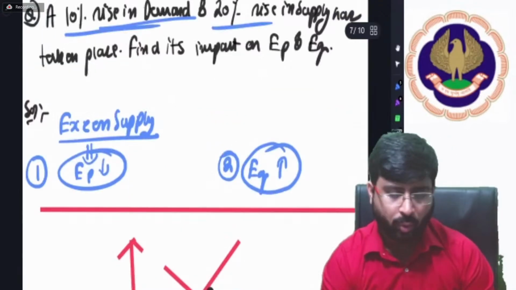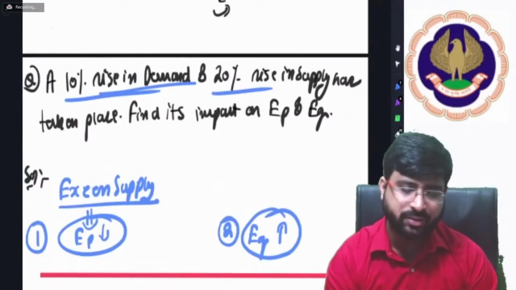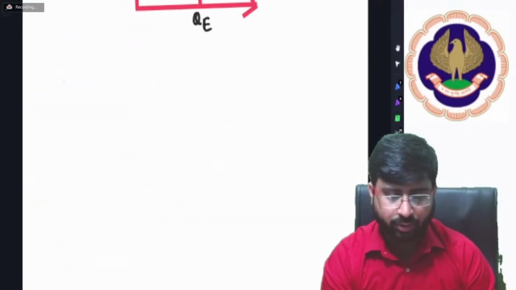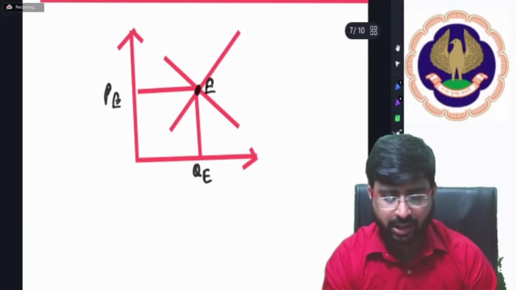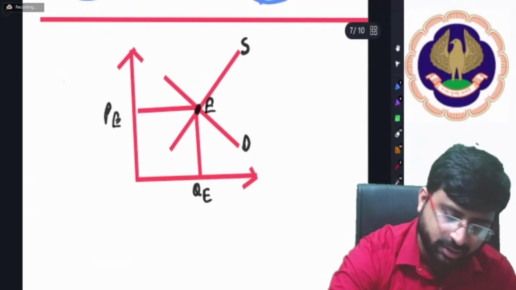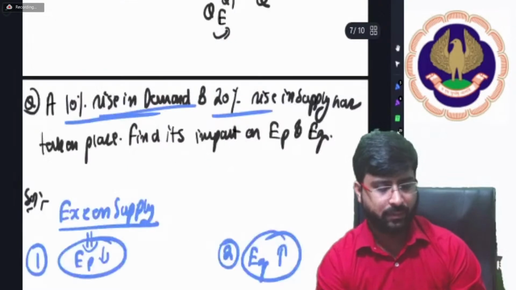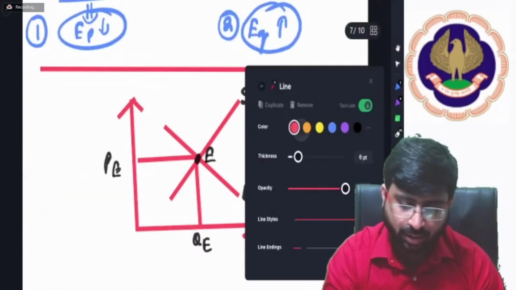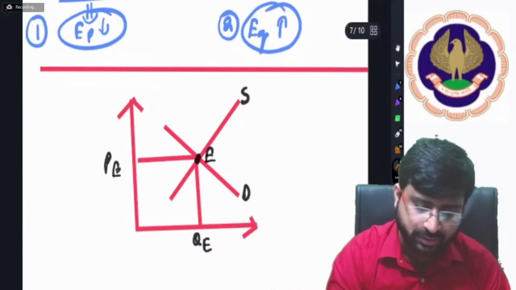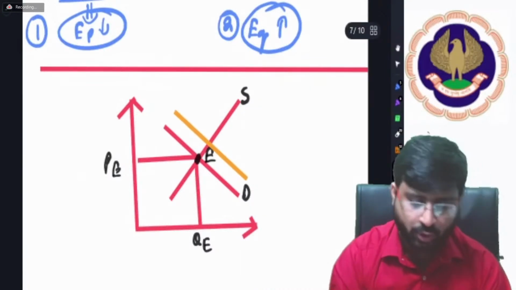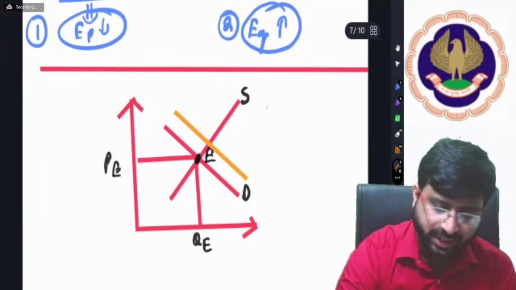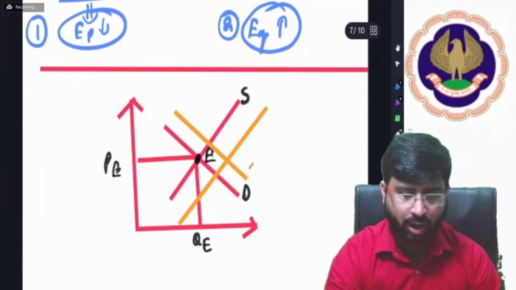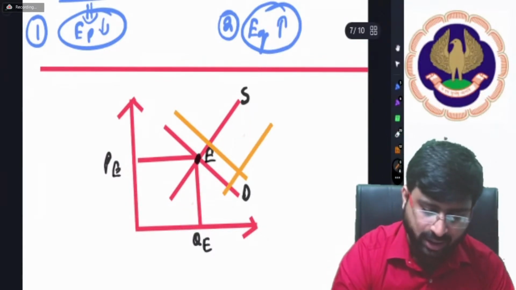And now there is a 20% rise in supply and a 10% rise in demand. This is demand, this is supply. With a 10% rise in demand, let's say it shifts slightly towards the right, and supply shifts further towards the right.